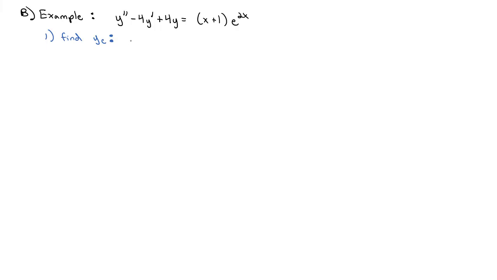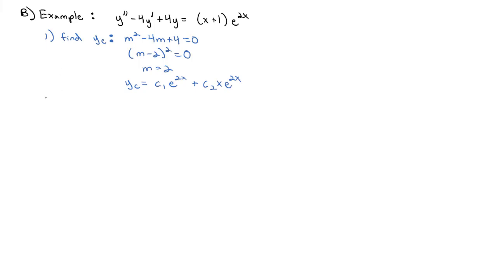Using our auxiliary equation, m squared minus 4m plus 4 equals 0, which factors to (m minus 2) squared equals 0. So m equals 2, and y complement is equal to c1 e to the 2x plus c2 x e to the 2x.